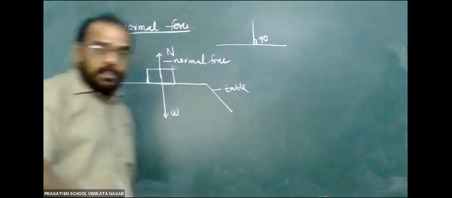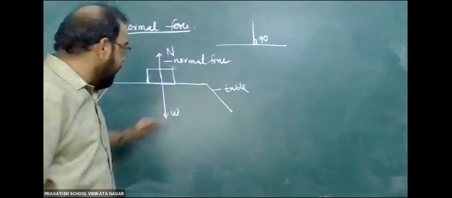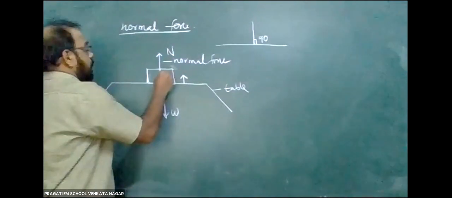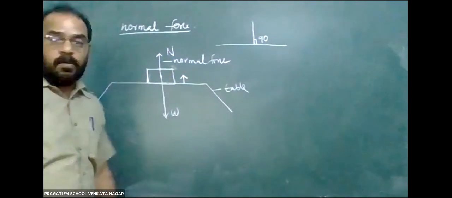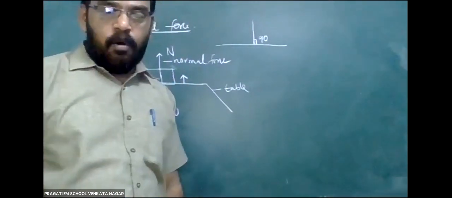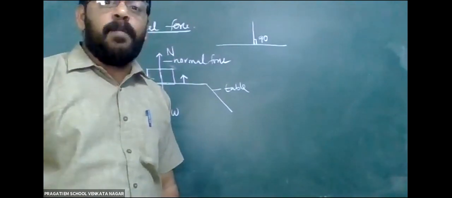So the weight is in the vertically downward direction, and the normal force is upward. Who is giving this normal force? Not this object. The object's force is the weight. This table gives an upward force like this, and that is called the normal force. So how can we define normal force? What is the definition of normal force?